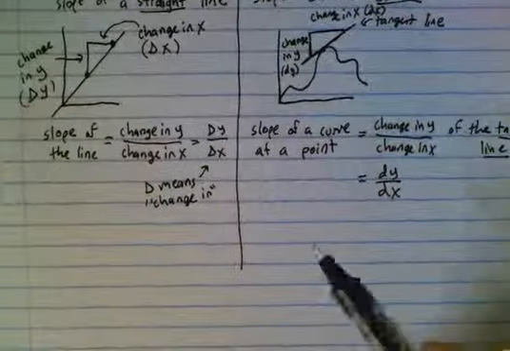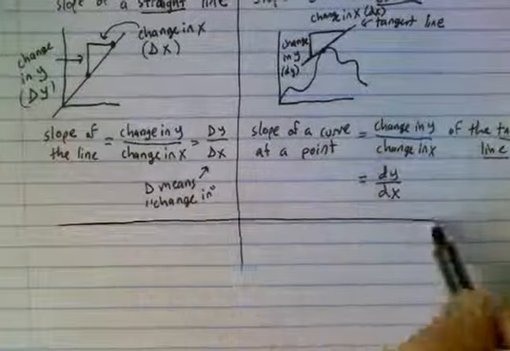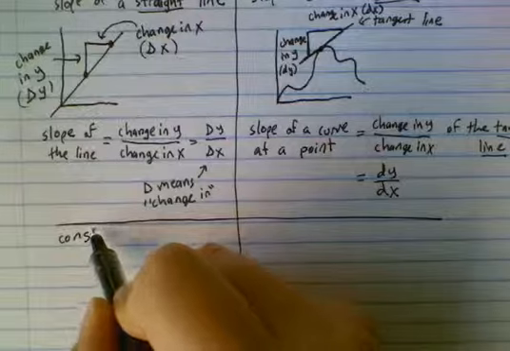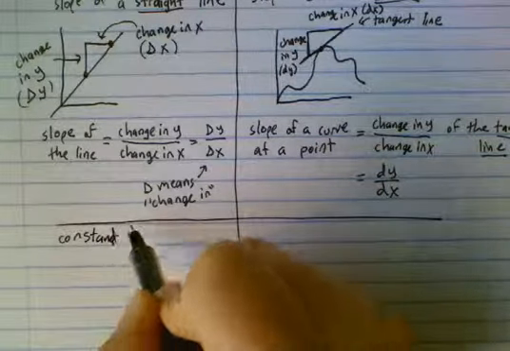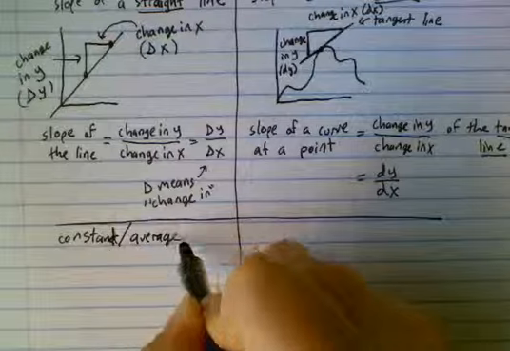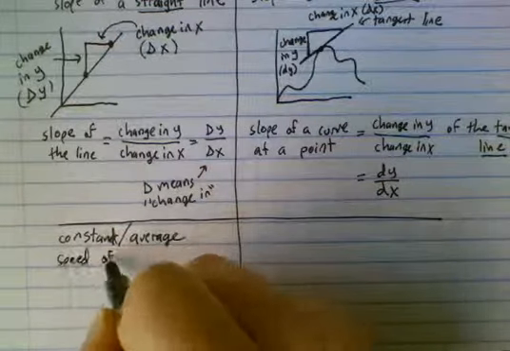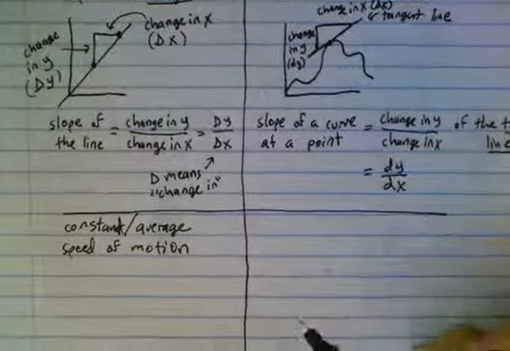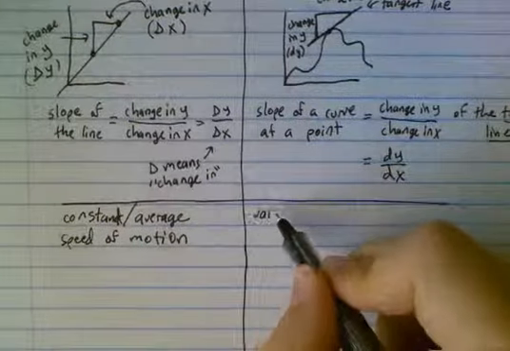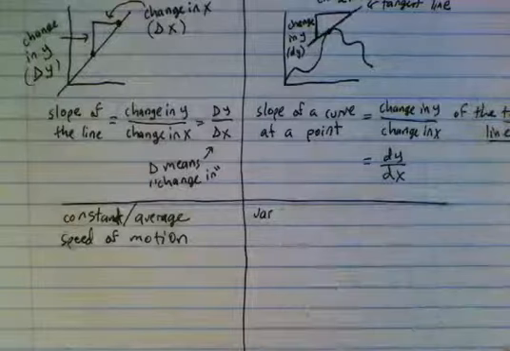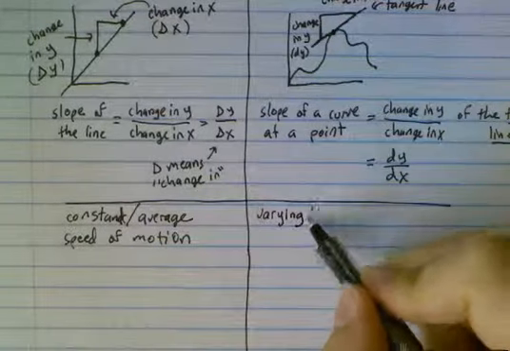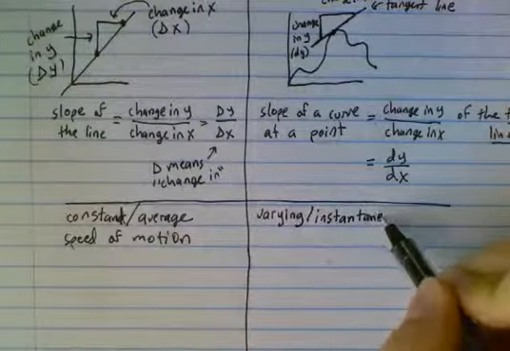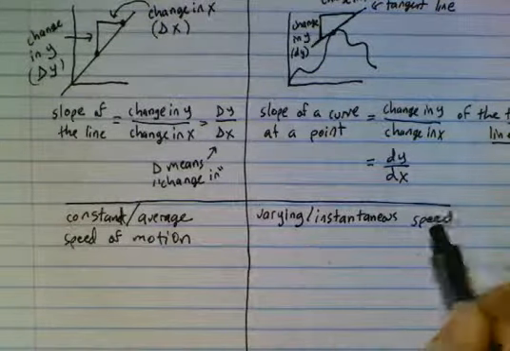Okay, another change for calculus versus pre-calculus. Pre-calculus deals with a constant, or average, speed of motion. Calculus deals with varying, or instantaneous, speed of motion.